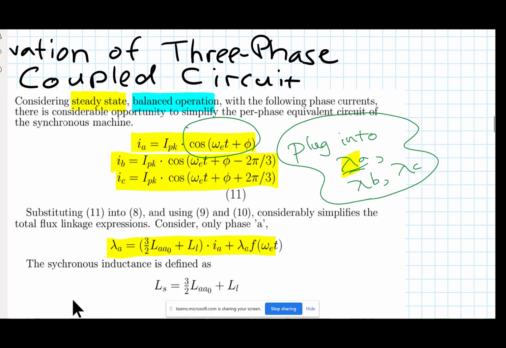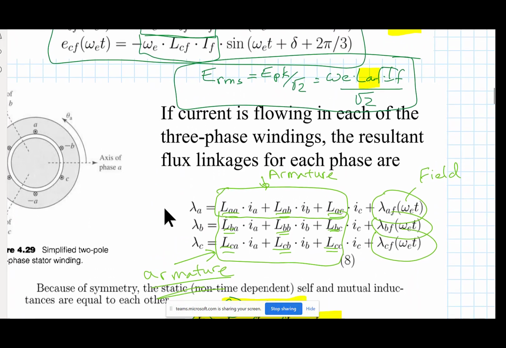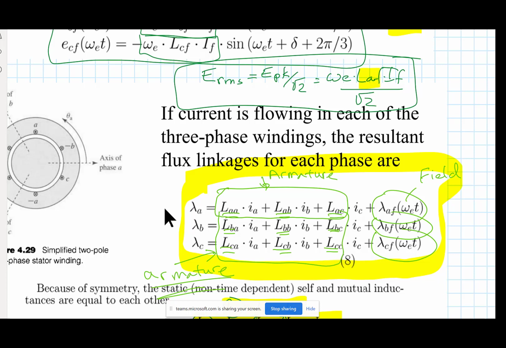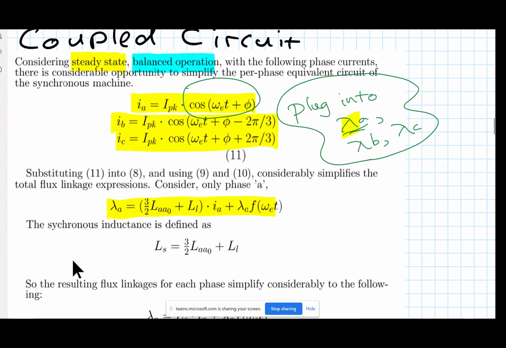If you take these three currents and plug them into this expression, I did that for phase A. It will simplify down into this very, very simple expression.